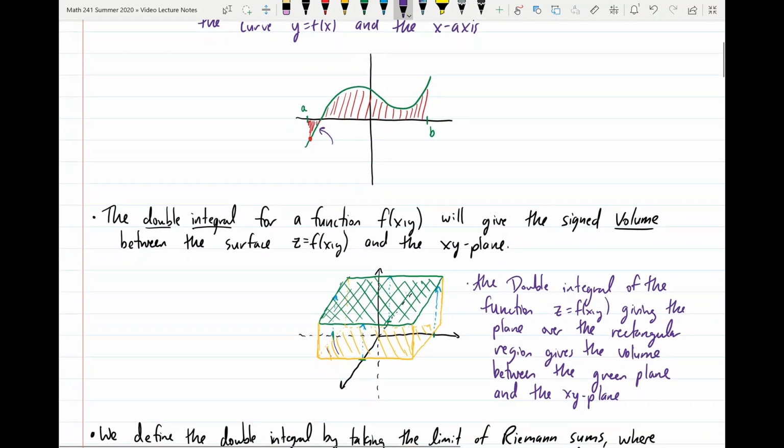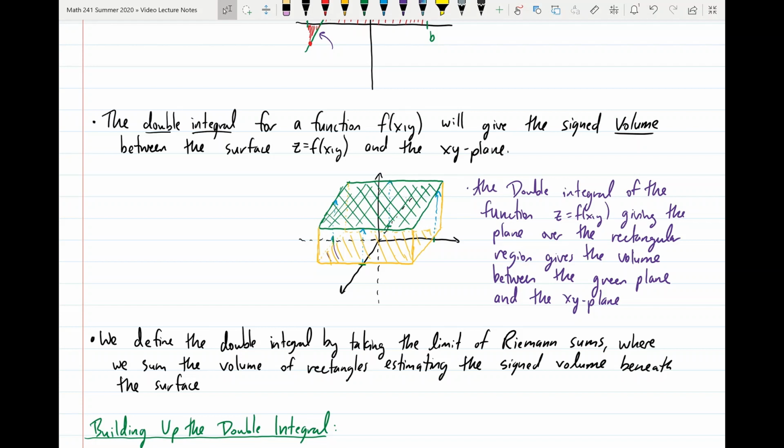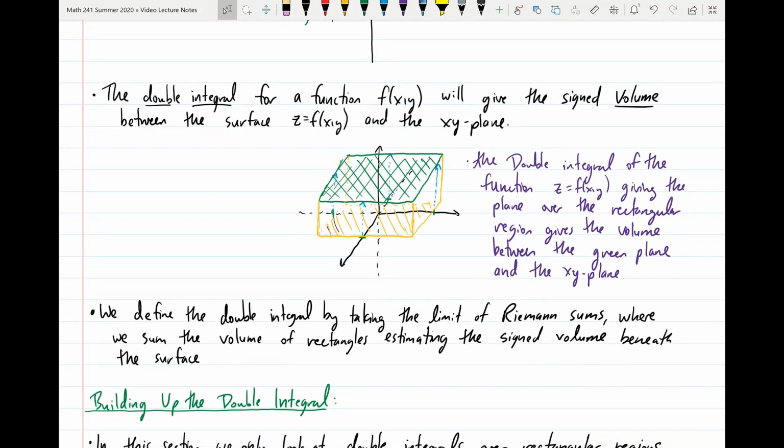So analogously, the double integral for a function f of x y in two variables will give the signed volume between the surface z equals f of x y and the x y plane. So I did my best to draw what that would look like. So let's say that z equals f of x y gives this green plane that I have drawn in space above the x y plane.